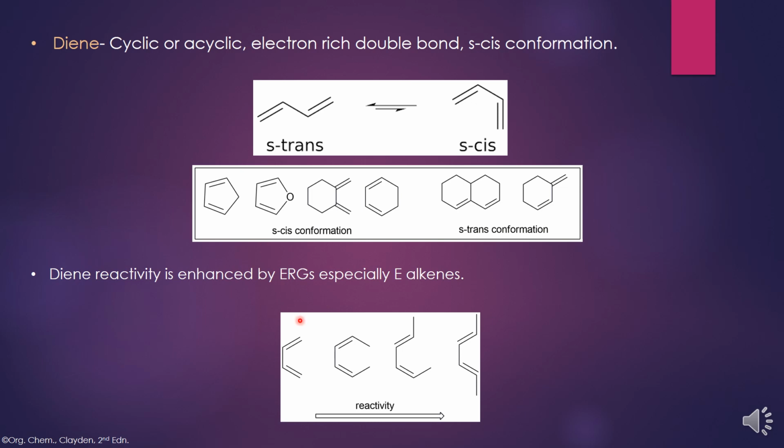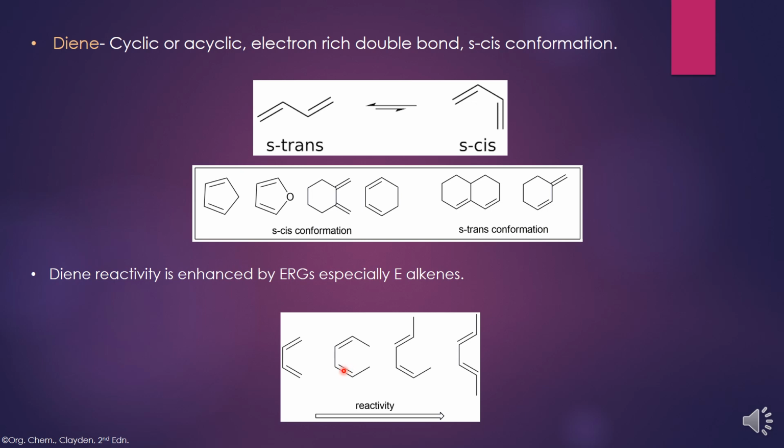Also, the configuration plays some role in the diene reactivity. Here we can see a simple diene with no substitution, and this is a diene with a substitution of a methyl group, but this diene is Z. That means Z alkene, because the priority groups are in cis position.